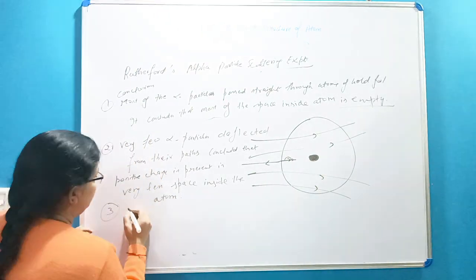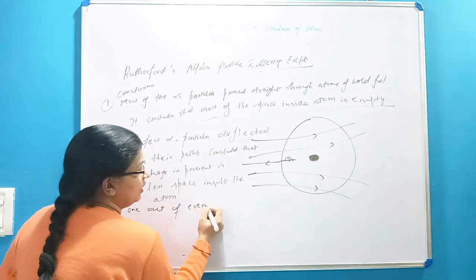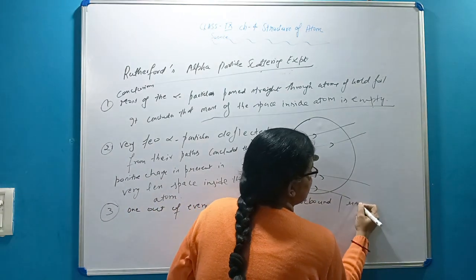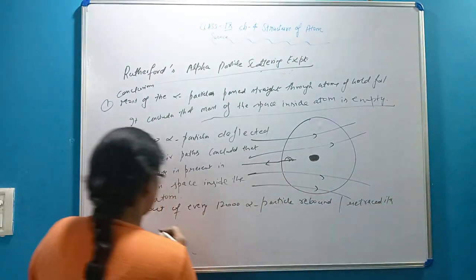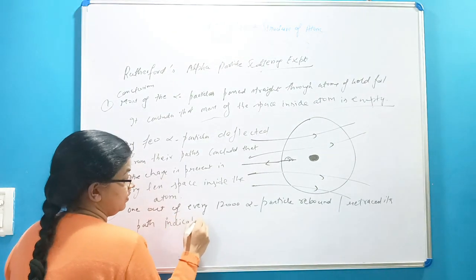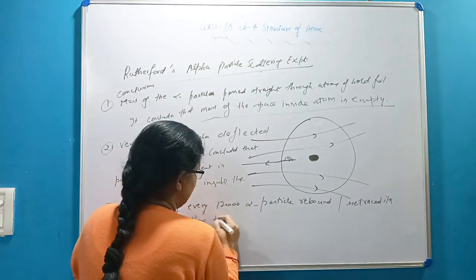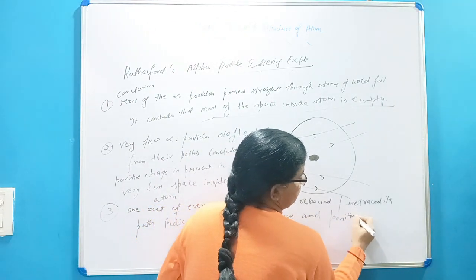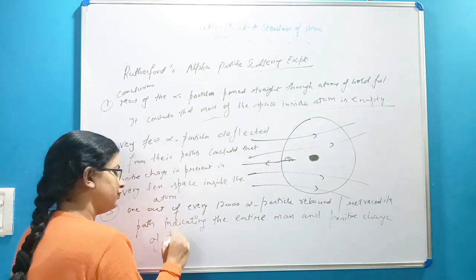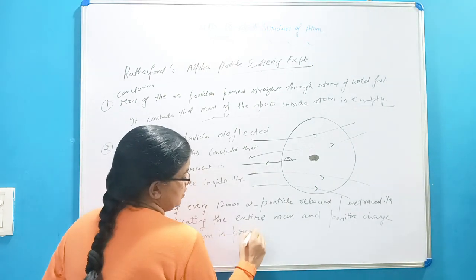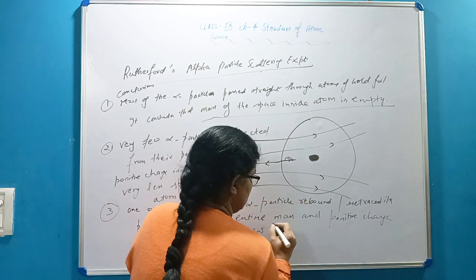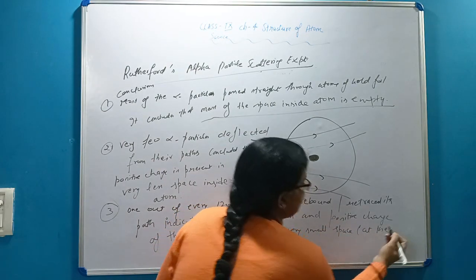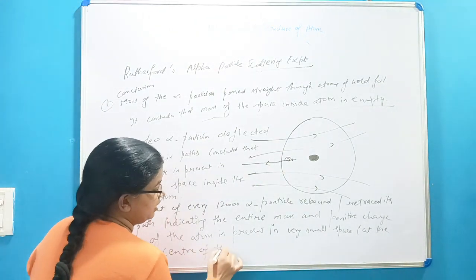1 out of every 12,000 alpha particles rebounds, or we can say retraces its path, indicating that the entire mass and positive charge of the atom is present in a very small space, at the center of the atom.